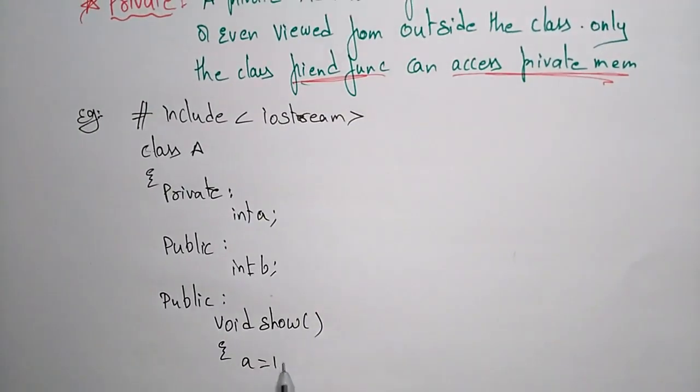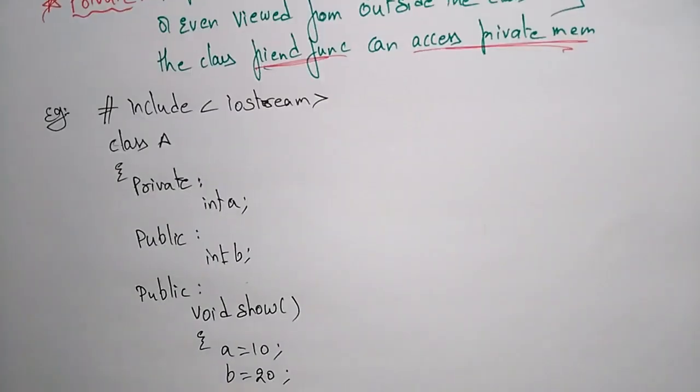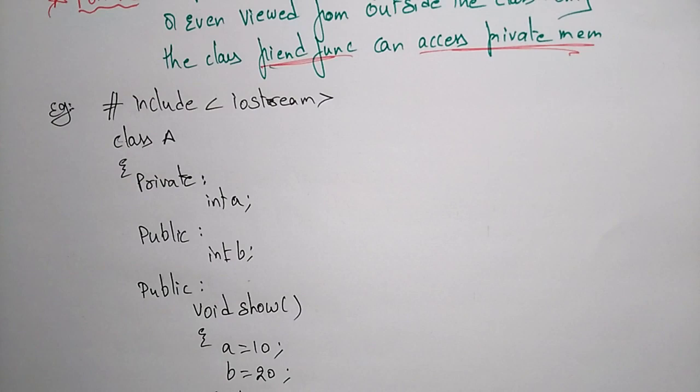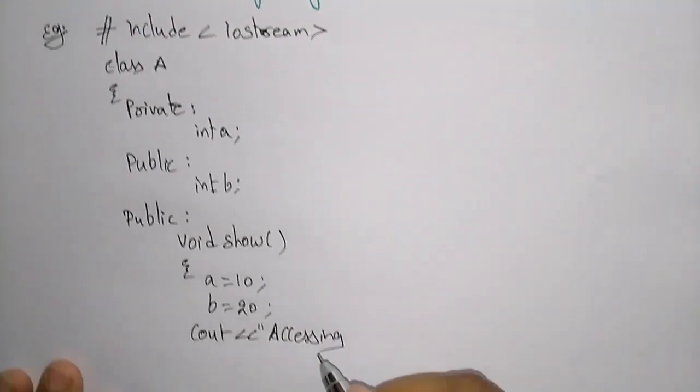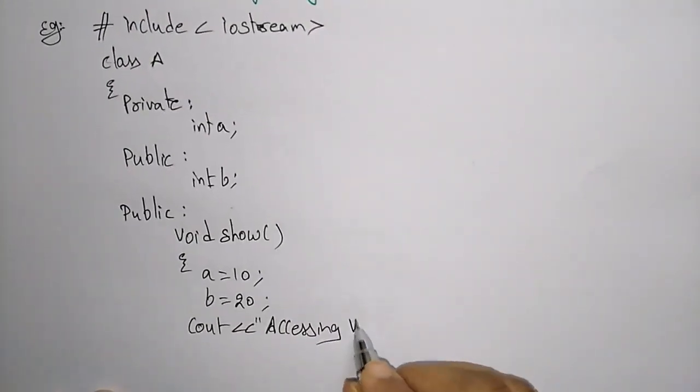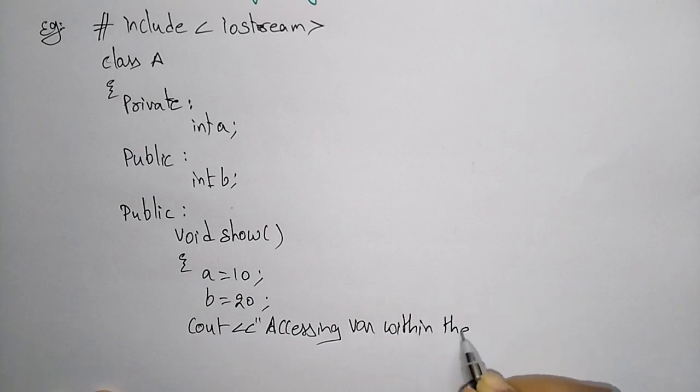Here I am assigning the values A is equal to 10 and B is equal to 20. Now I am printing the values with cout. That is accessing variables within the class.